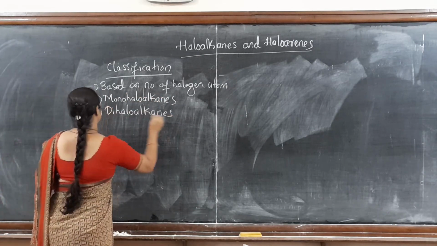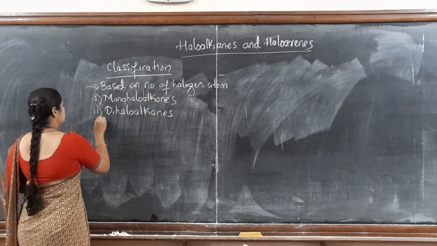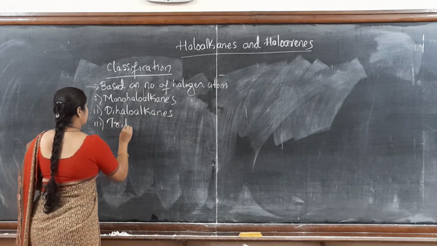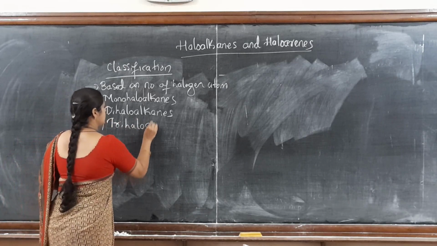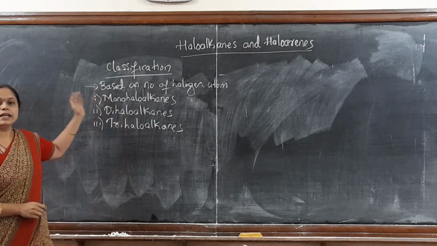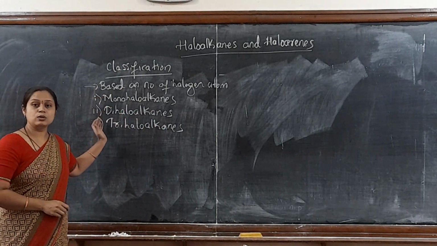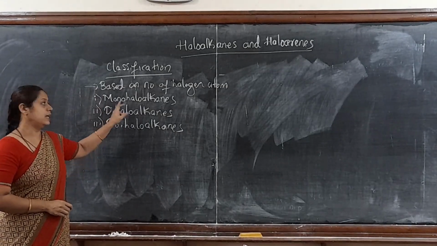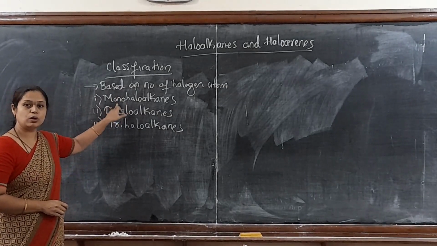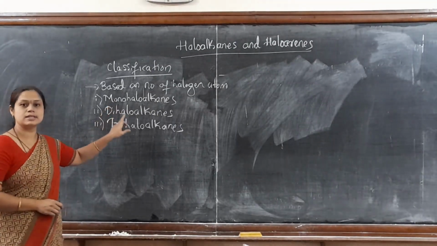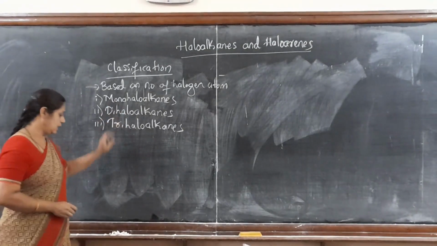Depending upon the number of halogen atoms present, they are classified into monohaloalkanes, dihaloalkanes as well as trihaloalkanes.